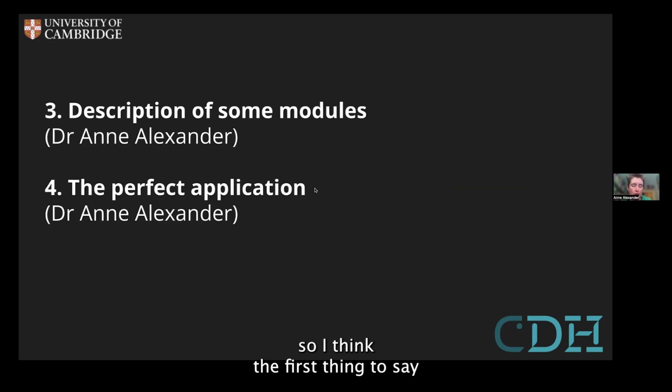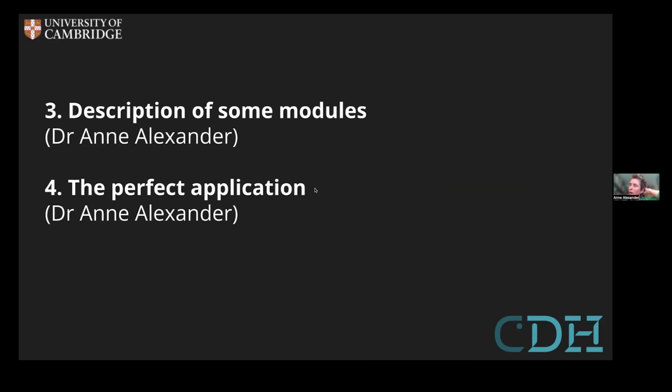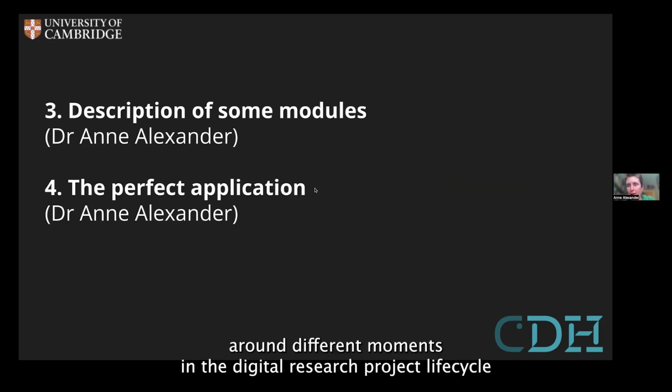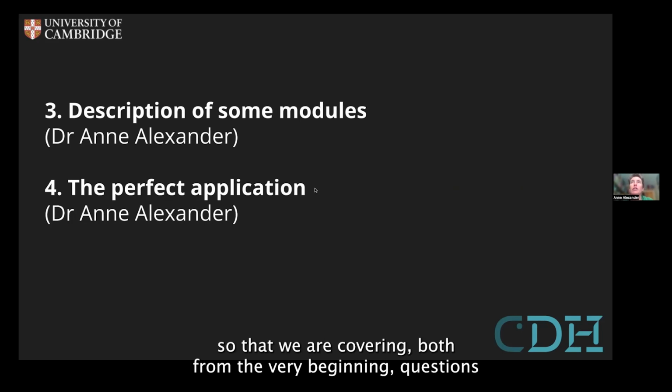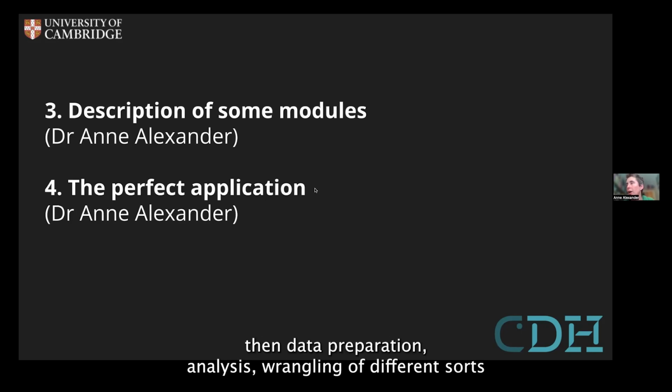So I think the first thing to say is that we attempt to structure the Cultural Heritage Data School around different moments in the digital research project life cycle, so that we are covering both, from the very beginning, questions of research design and ethical practice around data collection, then data preparation, analysis, wrangling of different sorts of data.